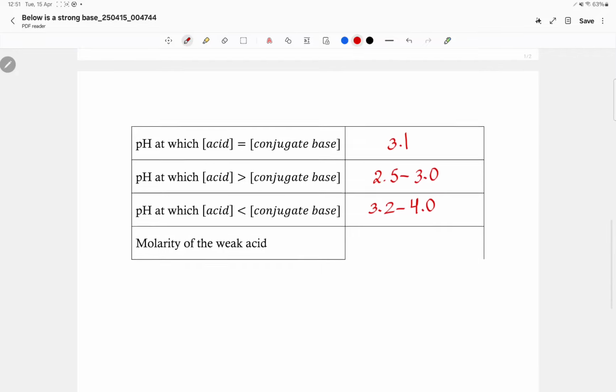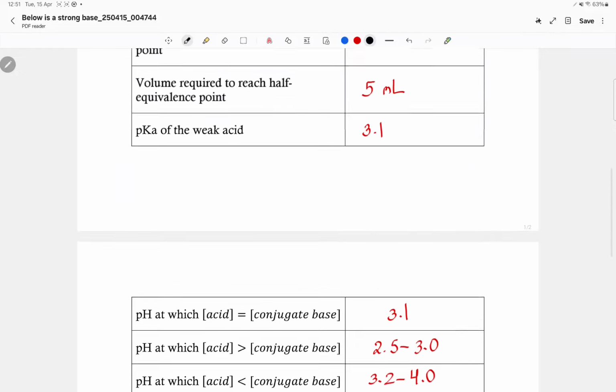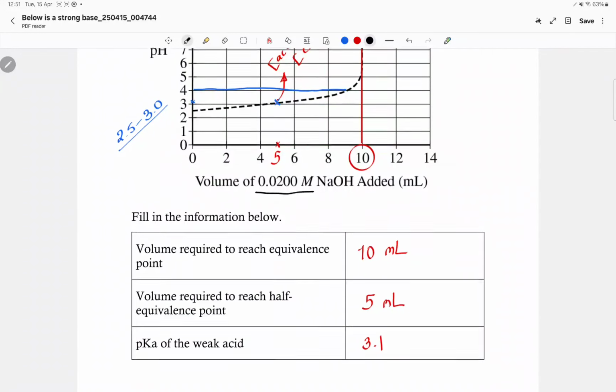And now the molarity of the weak acid, we're going to write molarity acid, volume of the acid, is equal to molarity of the base, volume of the base. Now, the volume of the acid was given in the beginning of the question as 25. The molarity of the base was provided under the figure to be 0.0200.